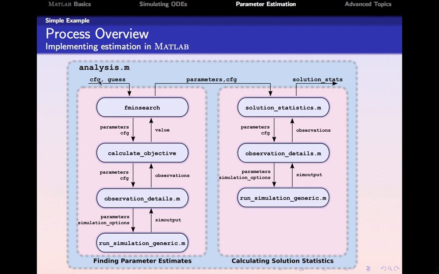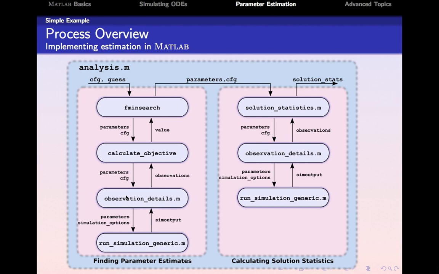You send in cfg and an initial guess for your parameters, and fminsearch is going to pass not just your initial guess, but any changes to your initial guess in order to minimize your objective function, and cfg down to calculate objective. Calculate objective is then going to calculate a value and send that back to fminsearch. The way that calculate objective calculates a value is it sends that set of parameters and cfg to observation details.